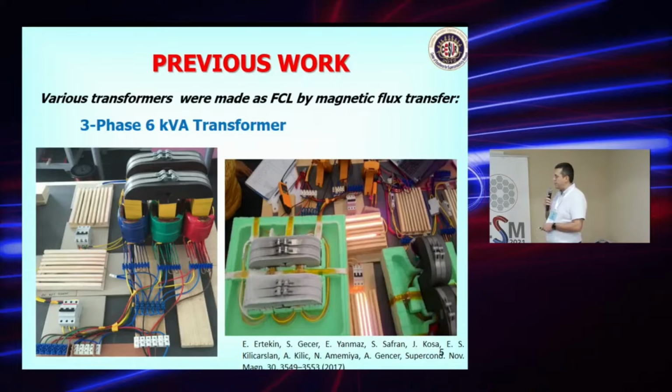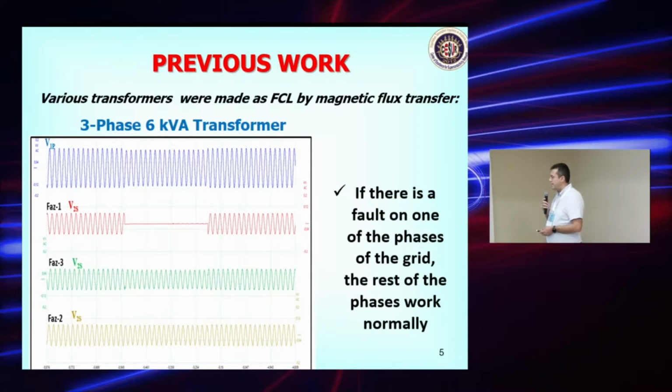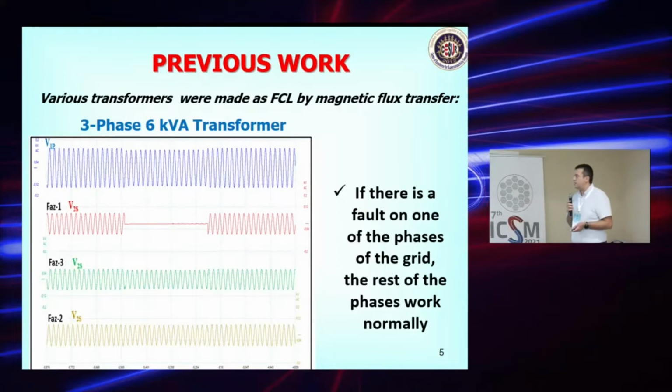There are only three superconducting loops here. And yes, it worked as an FCL, and if there is a fault on one of the phases, the other ones are working properly.